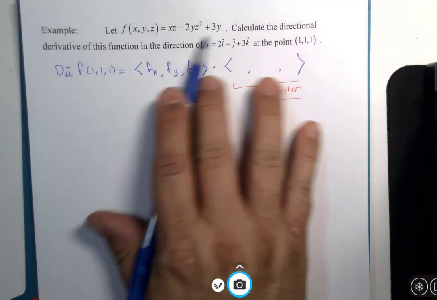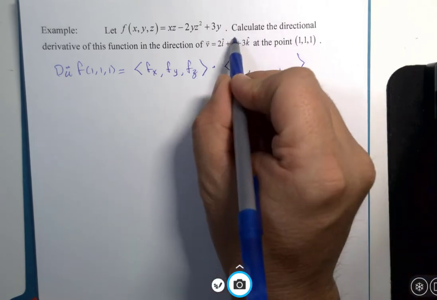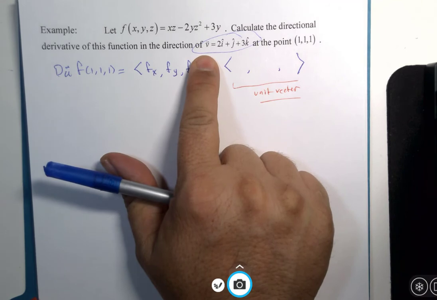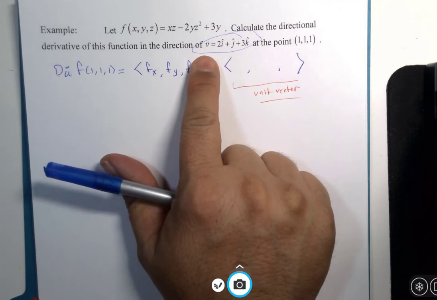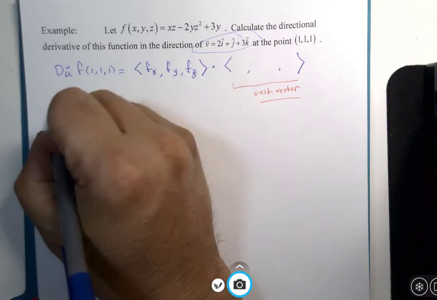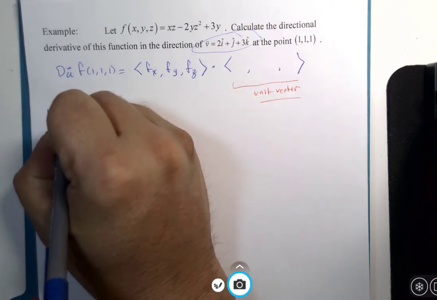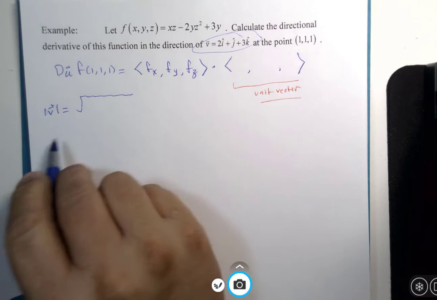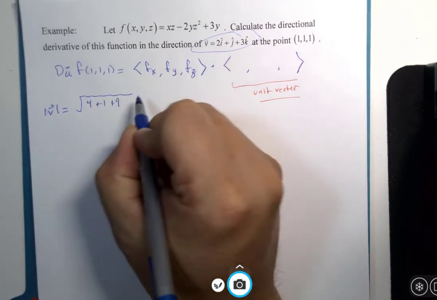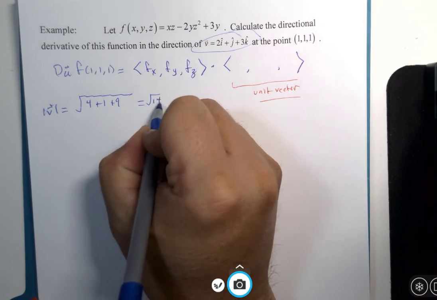I could go through and make this calculation, but I'd like to go through and find the unit vector first. I did not call this vector u on purpose, as I didn't want to confuse people. But we have a vector 2, 1, and 3, and the magnitude of that vector will be the square root of 2 squared is 4, 1 squared is 1, 3 squared is 9, square root of 14.